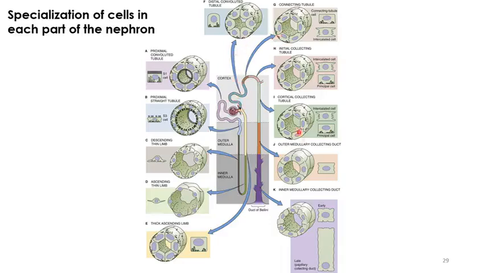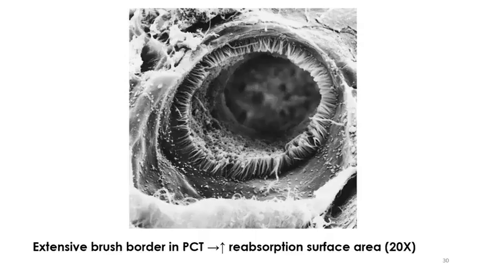In each part, you see specific types of cells that each perform a given role in processing the filtered fluid. You see a micrograph of luminal cells, the extensive brush border in PCT cells, which increases the reabsorption surface area about 20 times compared to a simple surface.